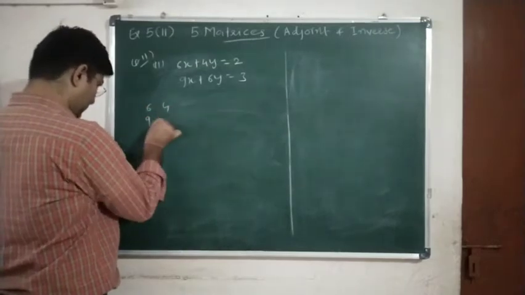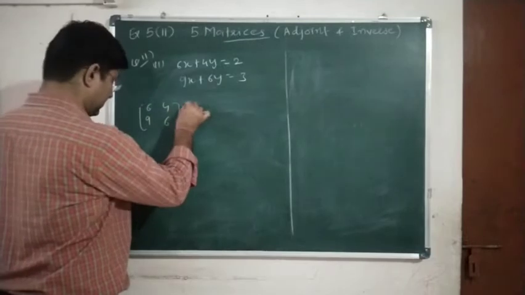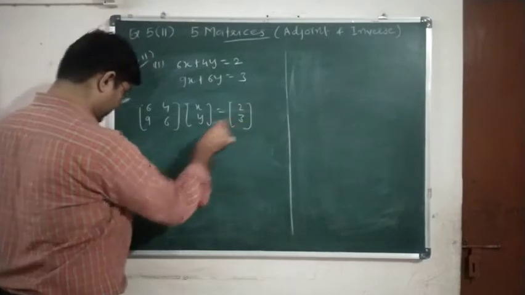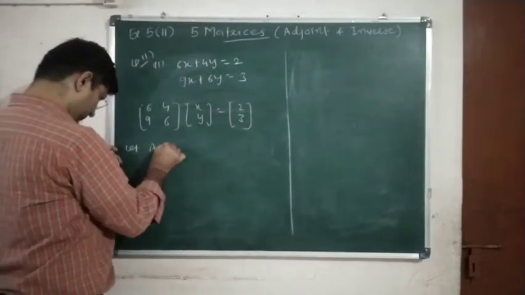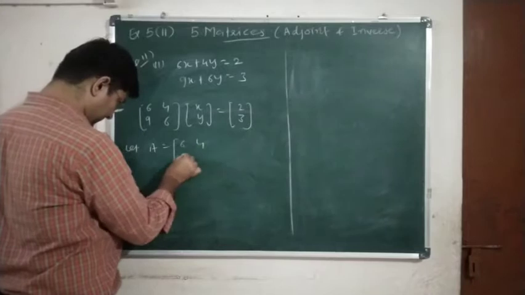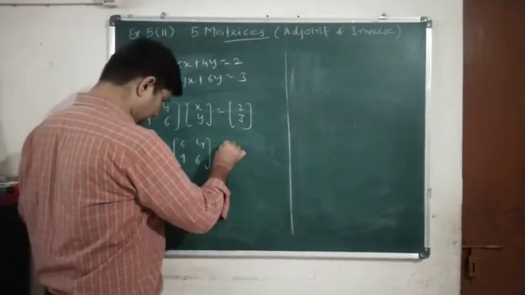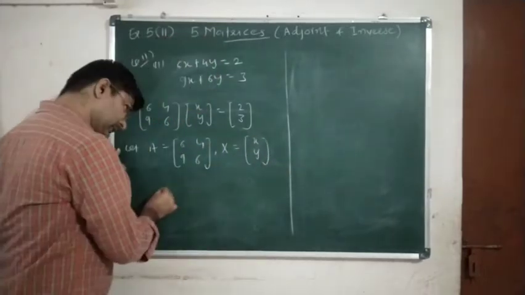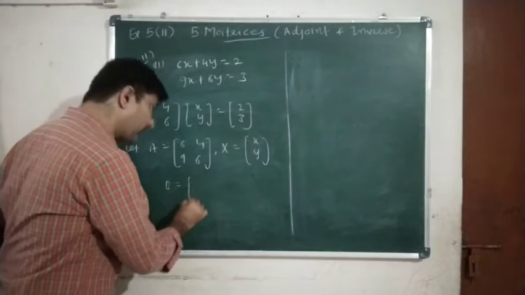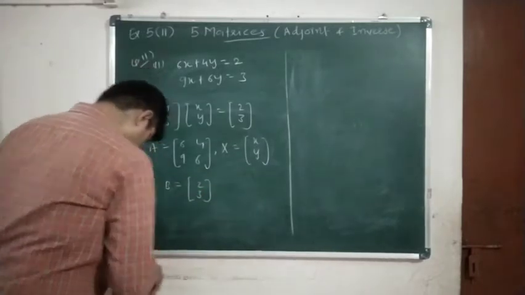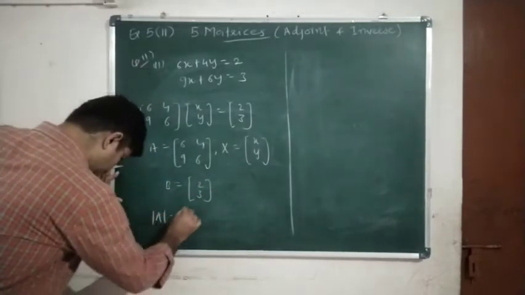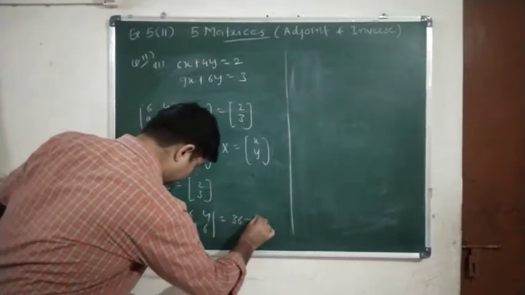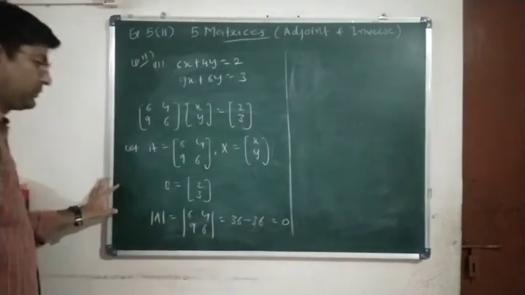So 6, 4, 9, 6 times x, y is equal to, now let A be 6, 4, 9, 6, X is equal to x, y, and B is equal to 2, 3. First we will calculate the determinant of A. 6, 4, 9, 6. 36 minus 36 is equal to 0.